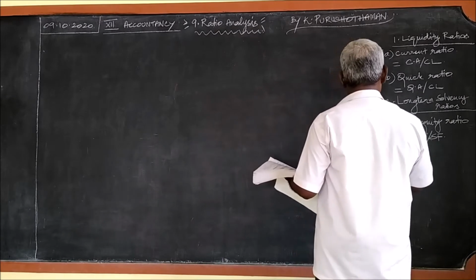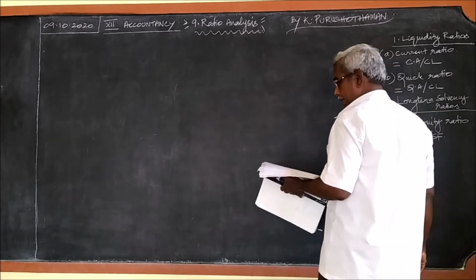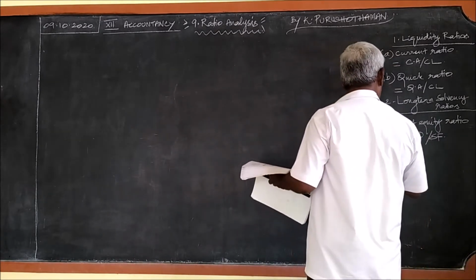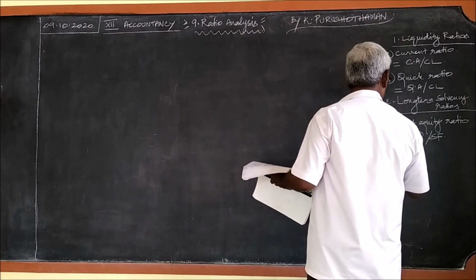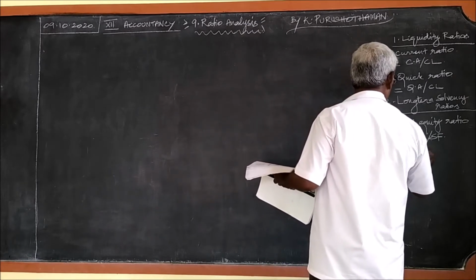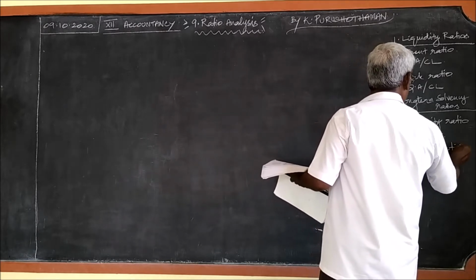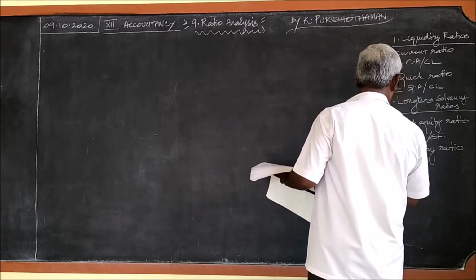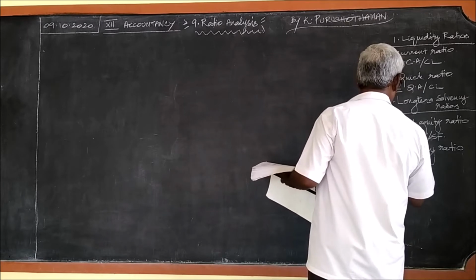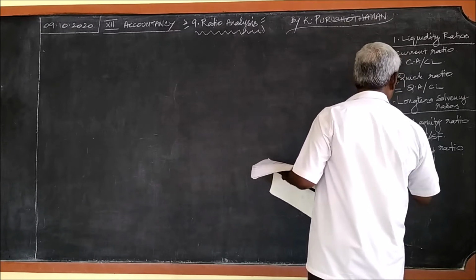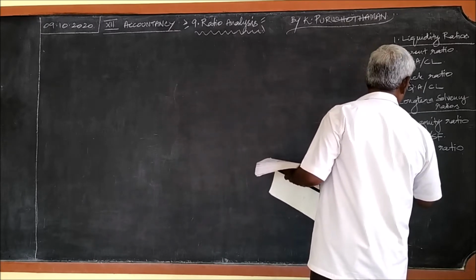Then second type is proprietary ratio. The proprietary ratio is equal to shareholders' fund by total assets.